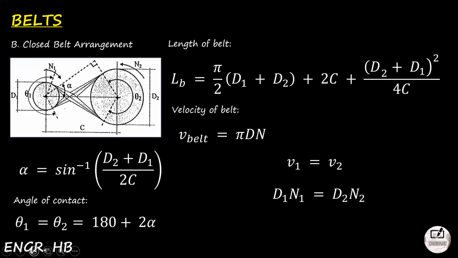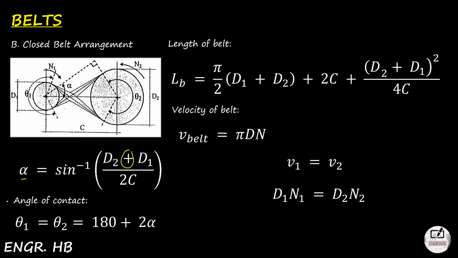So magkakaroon lang tayo ng konting adjustment sa formula since this is a closed belt and the length of belt is larger than the open. So yung alpha kanina sa open is D2 minus D1 over 2C. So, or rather, arc sine of D2 minus D1 over 2C, dito naman sa closed belt, gagawin mo lang siyang plus.